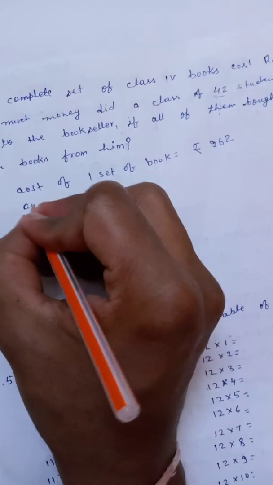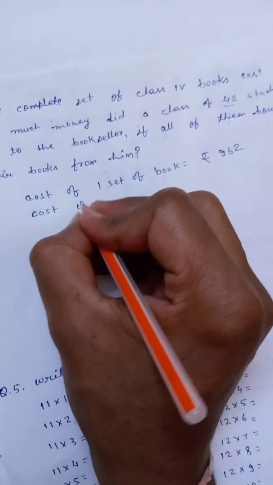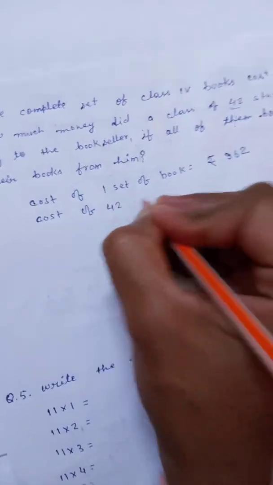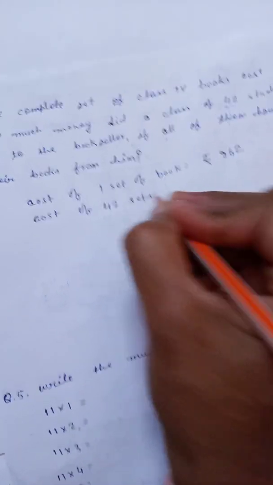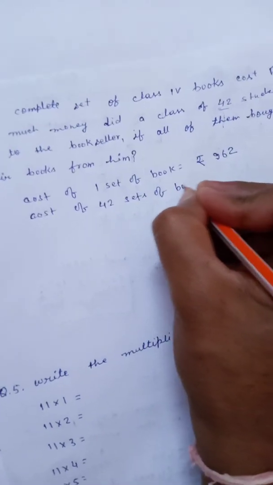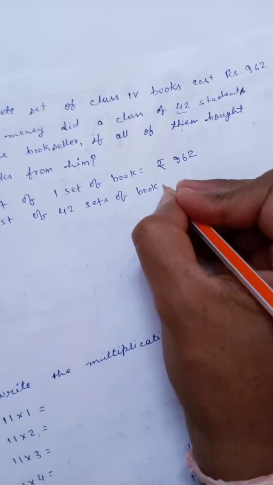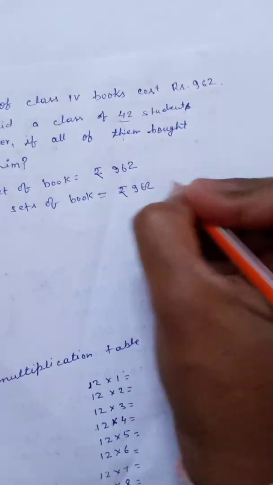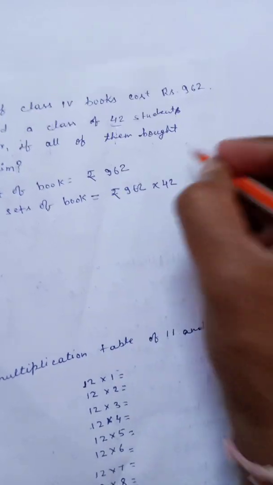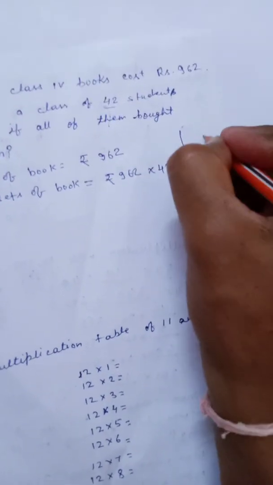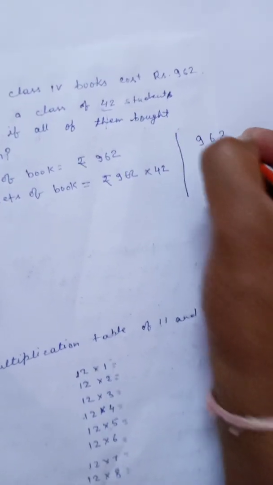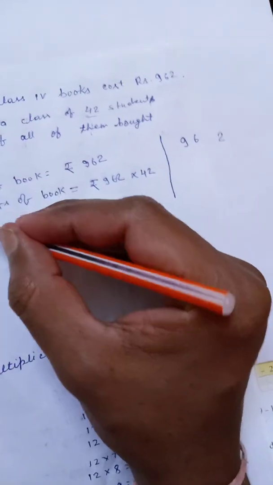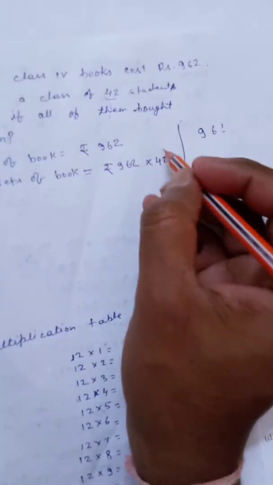So cost of 42 sets of book is equal to rupees 962 multiplied by 42. We will perform a multiplication here, because the number of sets is increasing, therefore we will perform multiplication here.